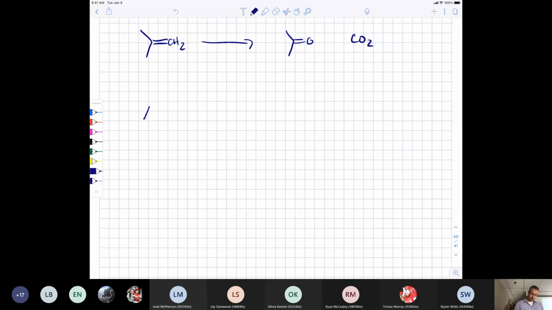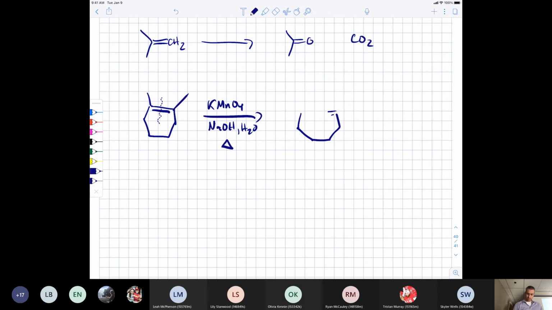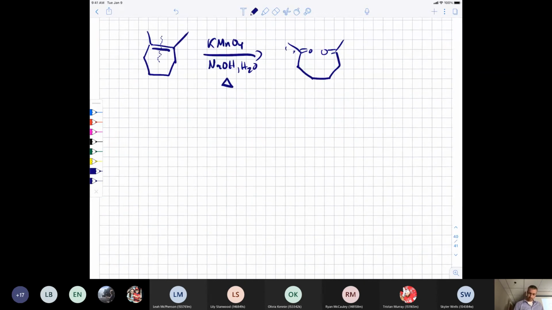Here's an interesting example. What if you have this molecule? What would happen here? Well, we cut the bond. Like that. That's kind of an ugly way to draw a molecule. Count the carbons. 1, 2, 3, 4, 5, 6, 7, 8.